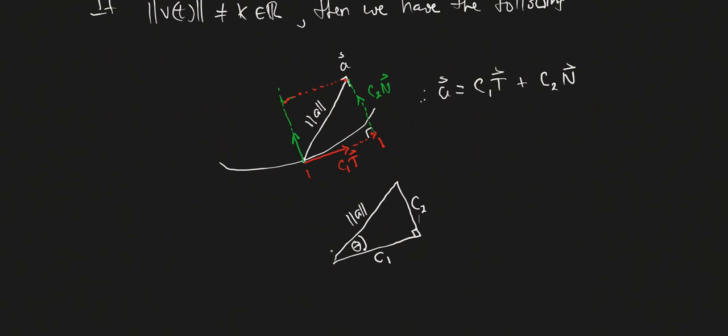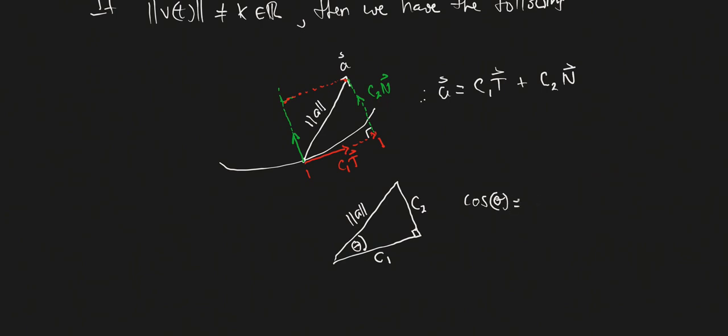So what do we have? Well, we can use a couple trig identities to get a relationship between the magnitude of acceleration and these two constants, C1 and C2.